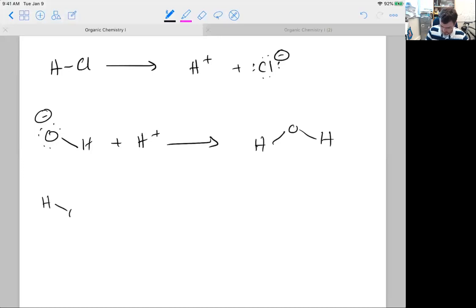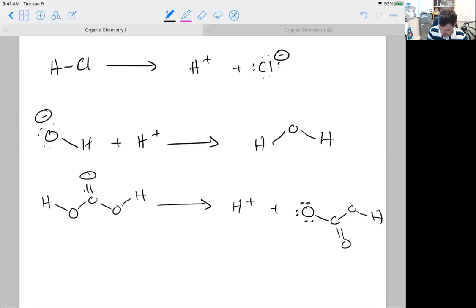Say we've got this molecule reacting to give H+ plus this molecule.